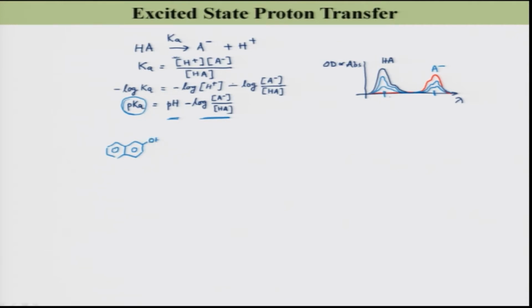What is this molecule? This is 2-naphthol. The pKa of this molecule is about 9.2. Obviously, this proton is not labile in the ground state, so the acidity is very low.